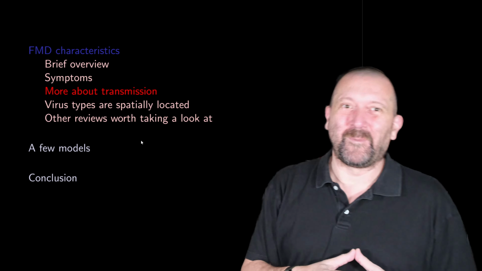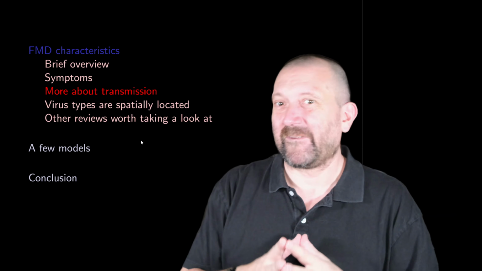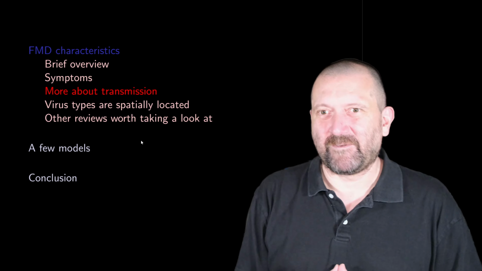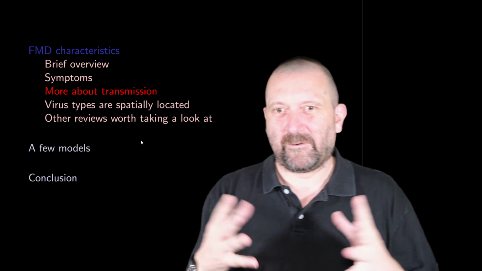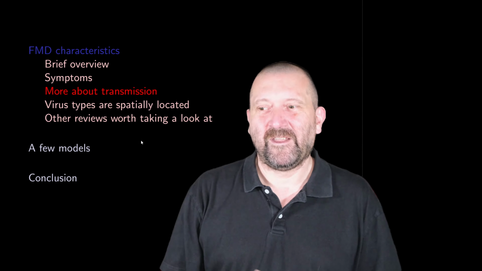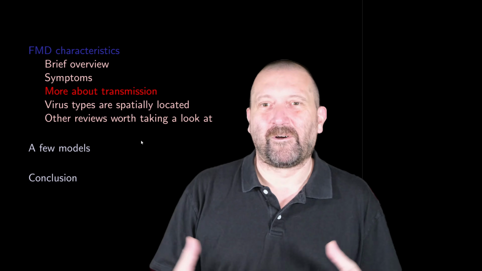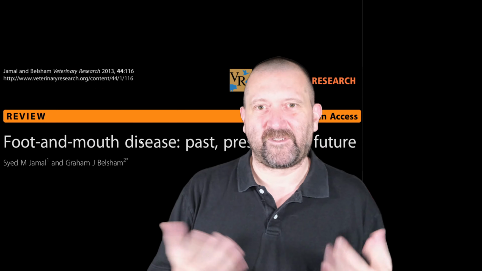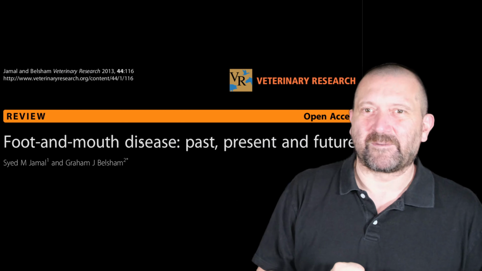So a little bit more about transmission now. Foot and mouth disease has the advantage that, as we were discussing in the earlier lecture about modeling livestock, there is a good record of what has happened, and you will see that in some of the papers I'm citing here.